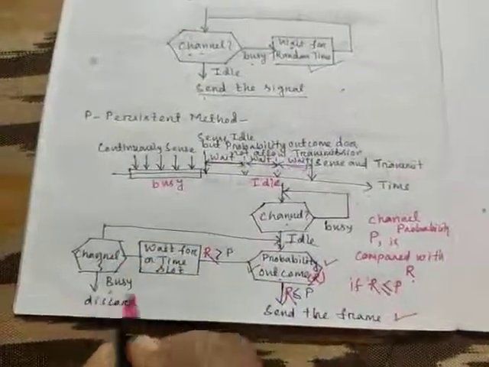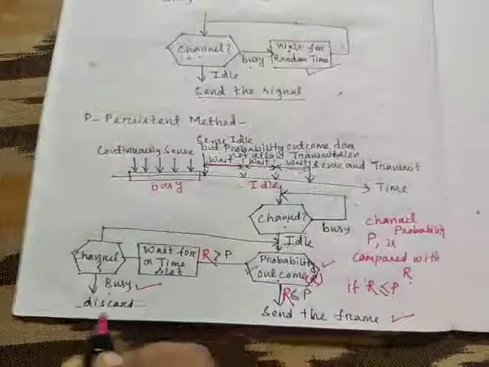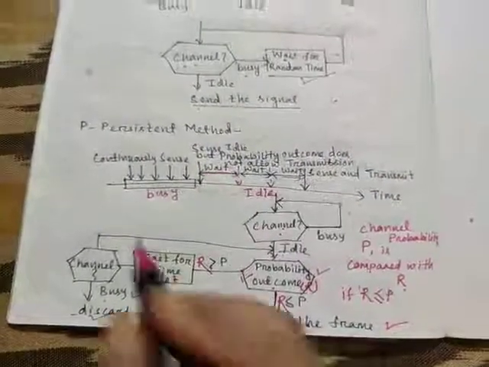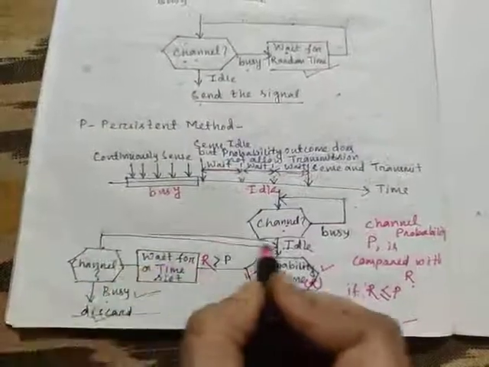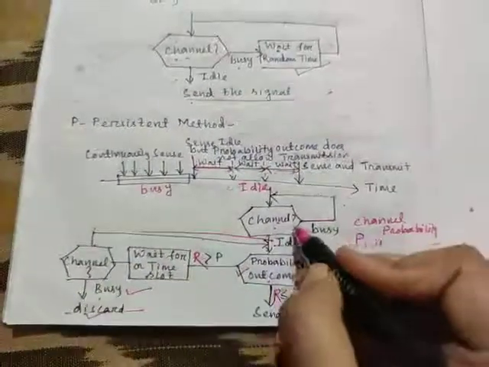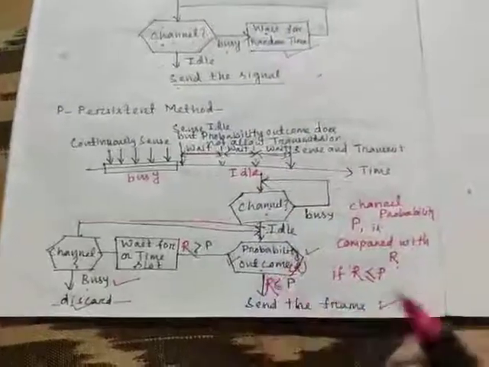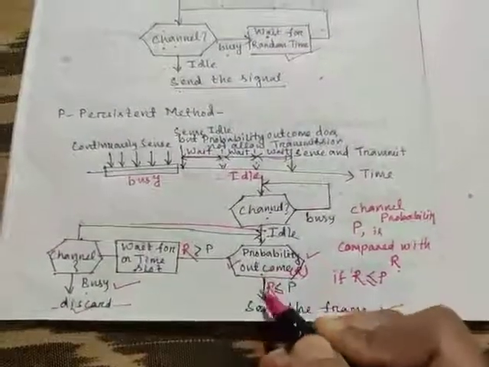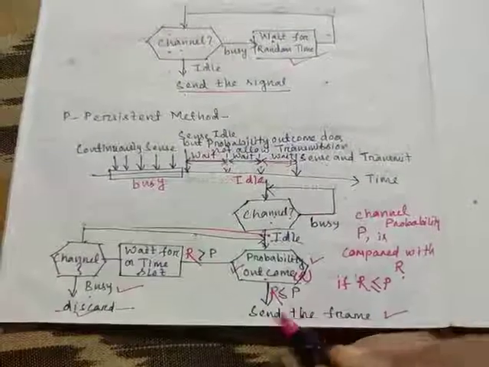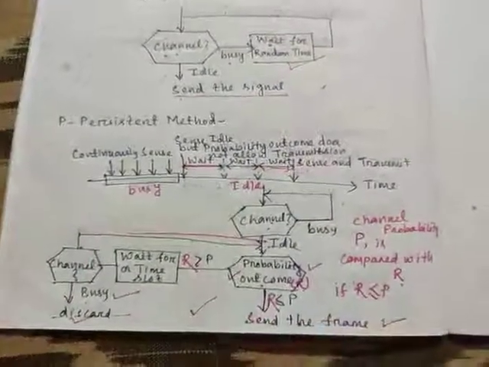If it finds it busy, then it discards the data. If it senses idle, then again it comes here, and the channel probability and probability outcome are compared. Then after the comparison result, the process repeats again.